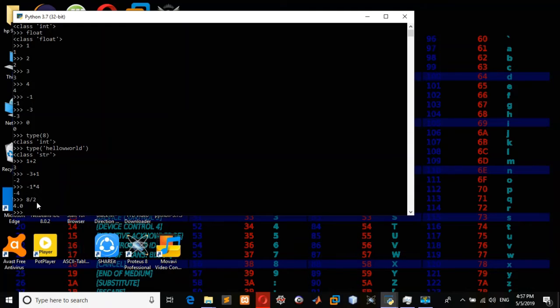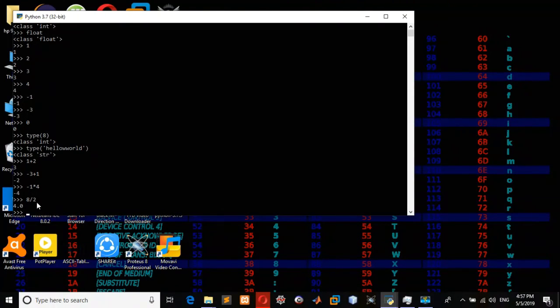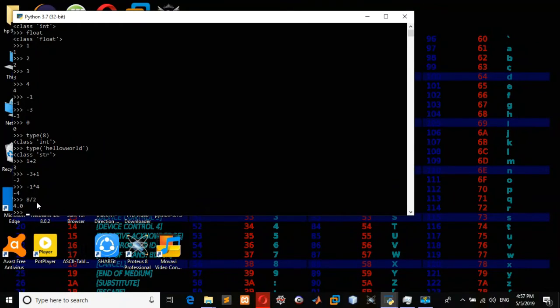So basically, integers support all of the 4 basic binary mathematical operations, which are addition, subtraction, multiplication, and division. In further lessons, we will come to the advanced properties of integers.